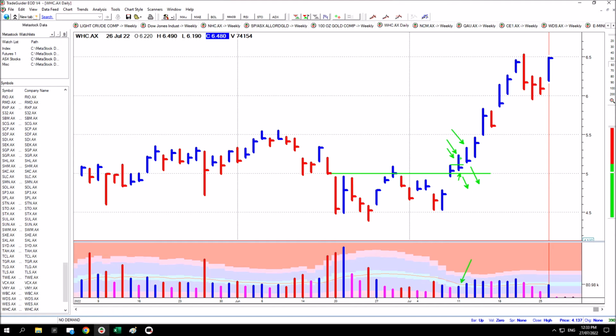So it's threatened the resistance above this bar's high, but it's just settled down in the afternoon to close back down near its lows. Then once again, the next bar has pushed above the previous bar's high, threatened the resistance, perhaps absorbed some of the supply above it, but then it's just drifted lower into the close.